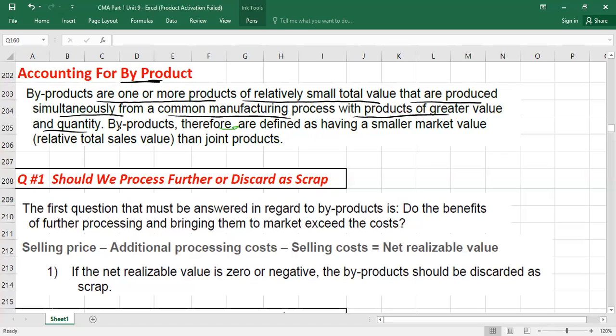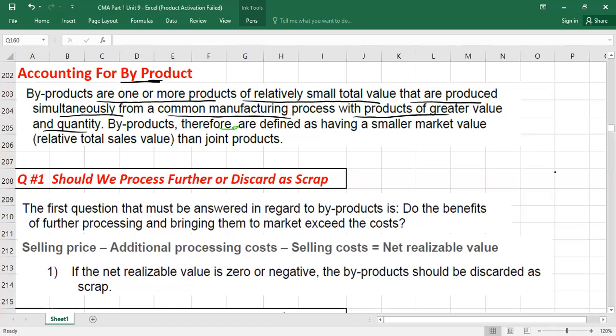I'll give you an example. For example, guys, wood. Let's assume you are in a furniture-related manufacturing business. So you are manufacturing furniture items. You are using wood, right or wrong, to manufacture the furniture, to make the chairs or tables. Obviously, while you are manufacturing tables or chairs, most of the time we cut the wood, and you might get 2 to 3 different things from the wood.